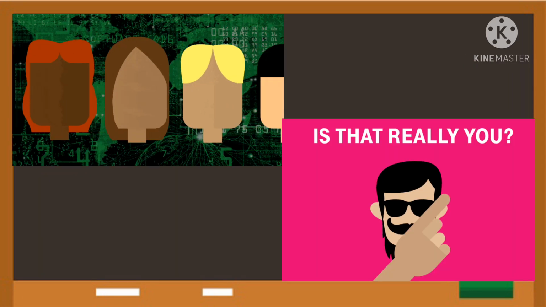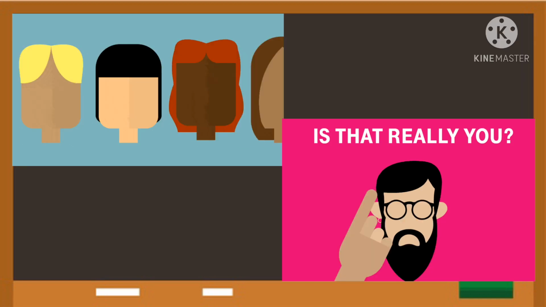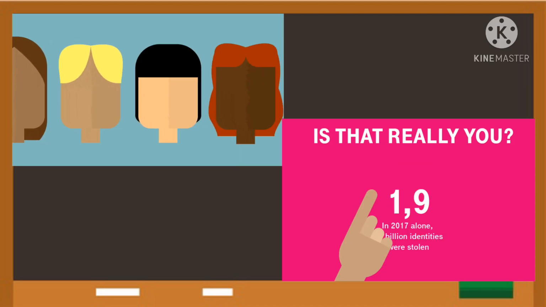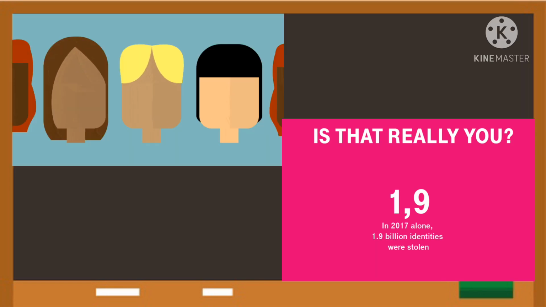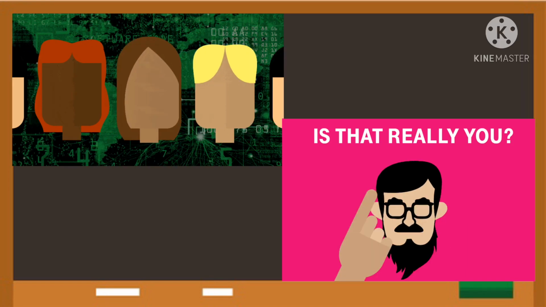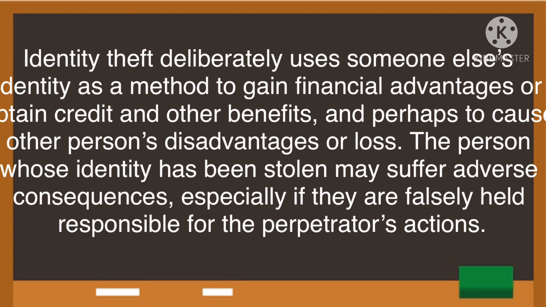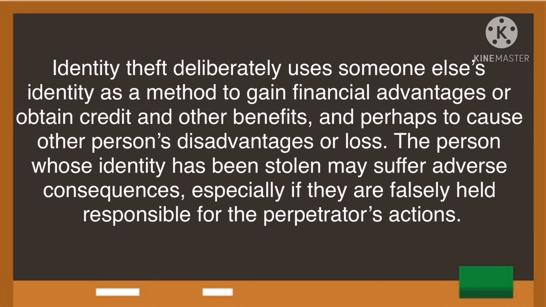Third is identity theft. It is a term used to refer to a type of crime in which someone wrongfully obtains and uses another person's personal data in some way that involves fraud or deception. Identity theft deliberately uses someone else's identity as a method to gain financial advantages or obtain credit and other benefits, and perhaps to cause another person's disadvantage or loss.